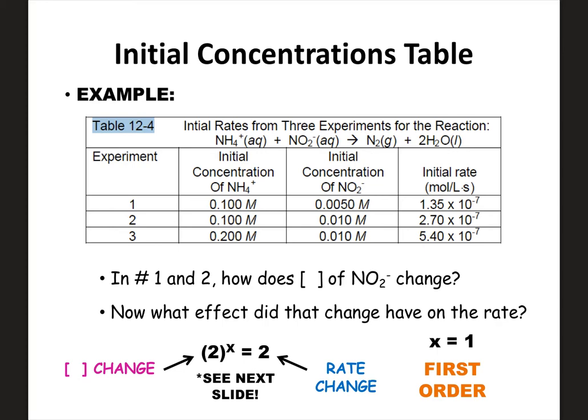So the concentration doubled, to the power of x, is equal to the rate doubling as well. If you were solving for x here, x would be equal to 1. Essentially, the order of the reaction with respect to the NO2 minus would be first order.